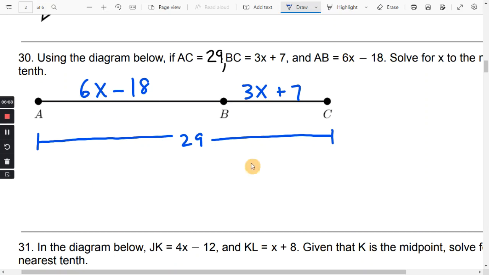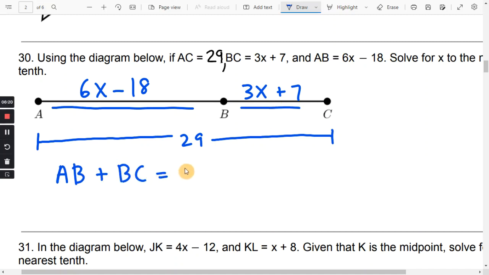So you just do segment addition. AB plus BC equals AC. AB is 6x minus 18. BC is 3x plus 7.